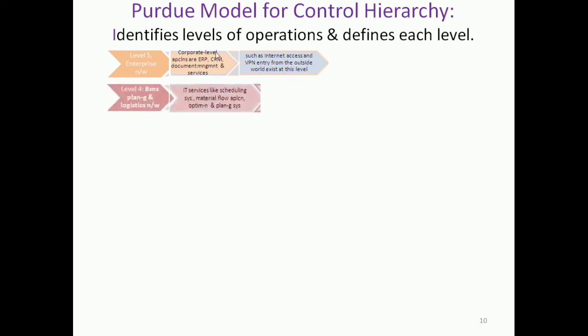Coming to level 4, that is the business planning and logistics network, which is again in the enterprise zone. It has IT services like scheduling systems, material flow applications, and optimization and planning systems related to business logistics, plus local IT such as phone, email and printing.